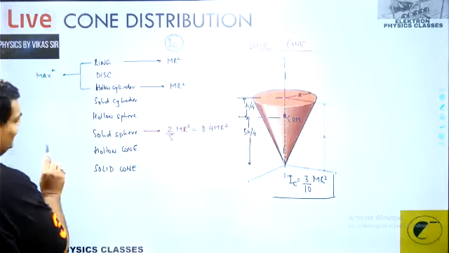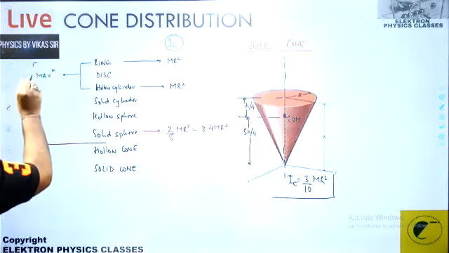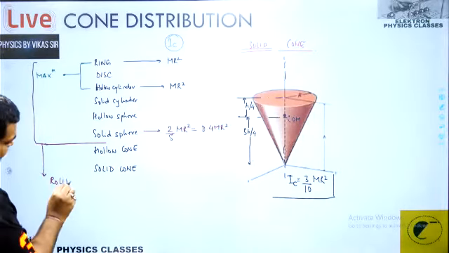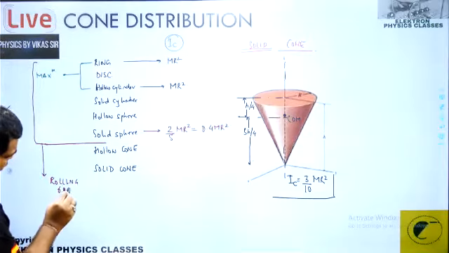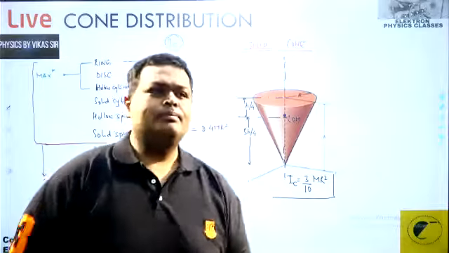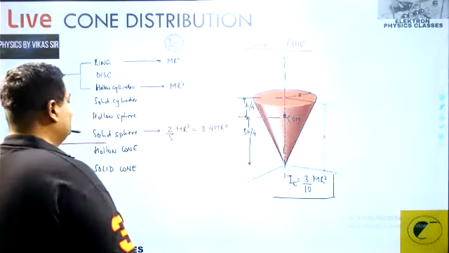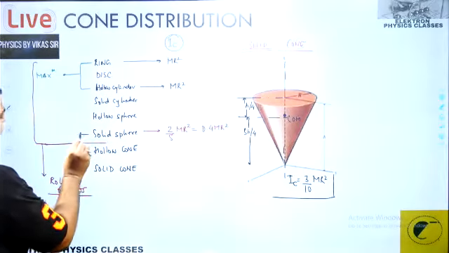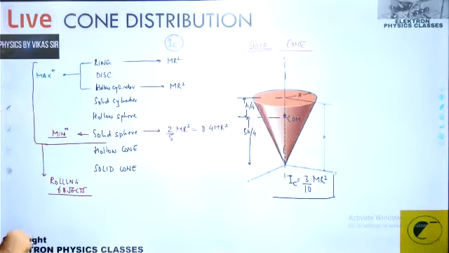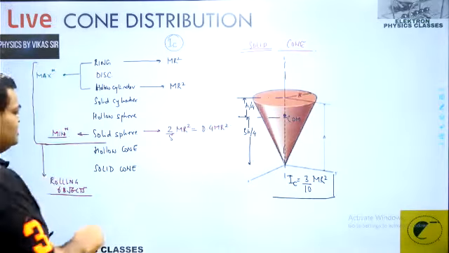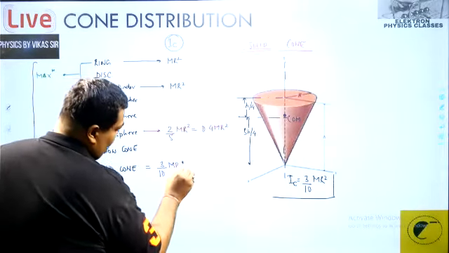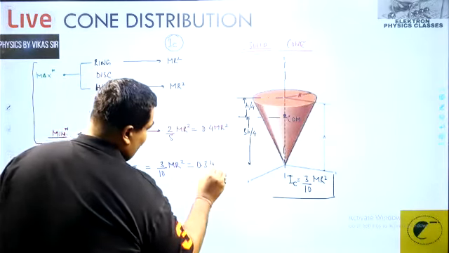These objects are classified as rolling objects, which can rotate and translate easily. For those rolling objects, the solid sphere moment of inertia stands minimum. For the solid cone, it is 3 upon 10 mr square, that's 0.3 mr square.